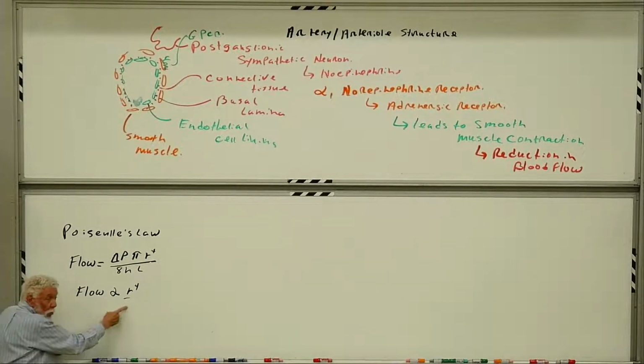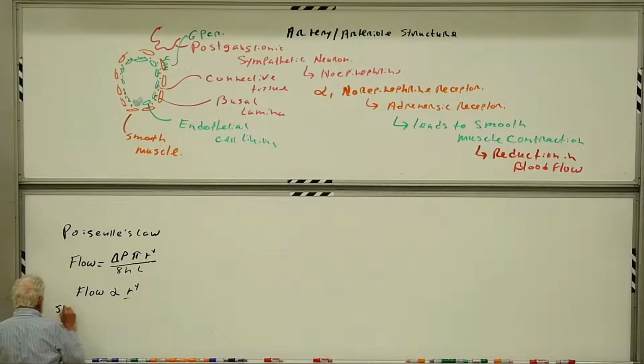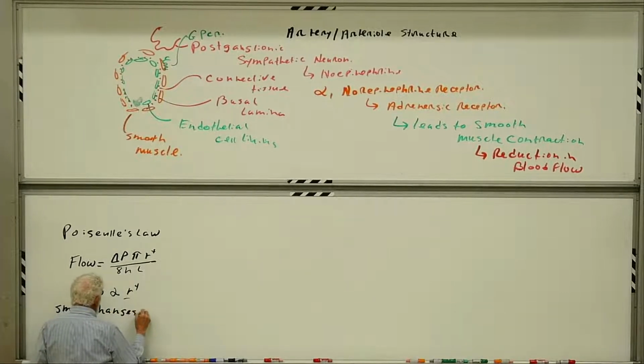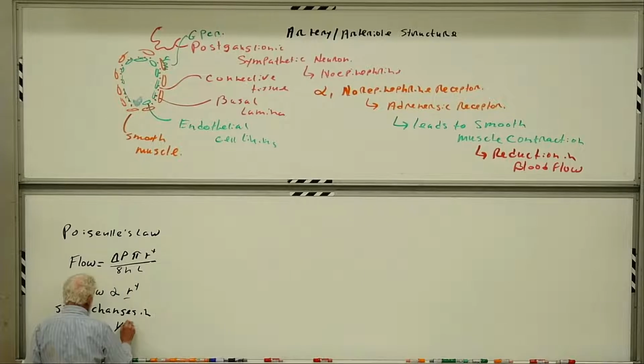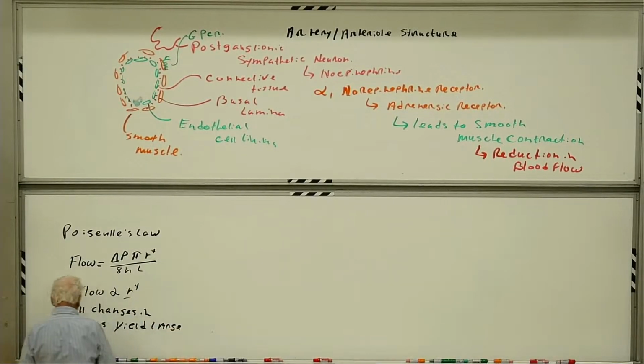But by and large, we're going to say here that small changes in the radius, what this leads us to thinking is that small changes in the radius yield large changes in flow.